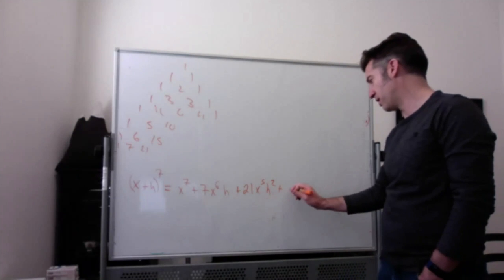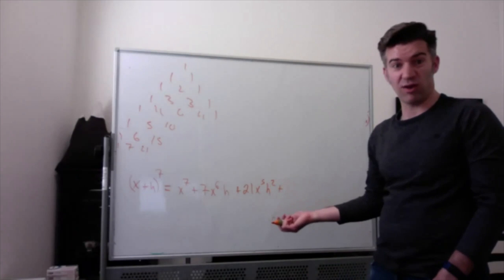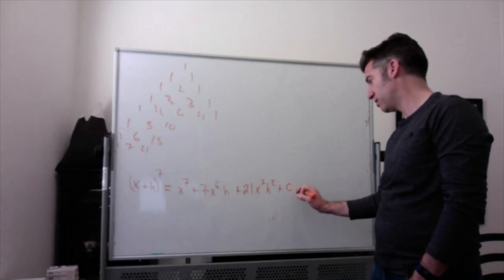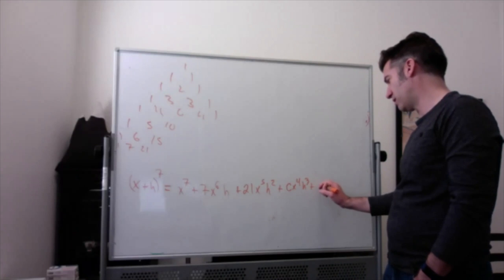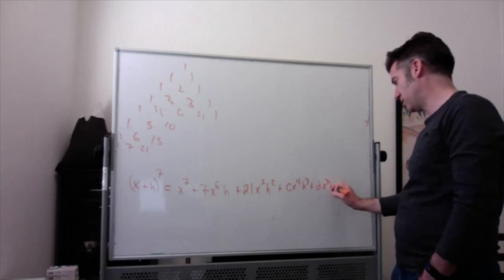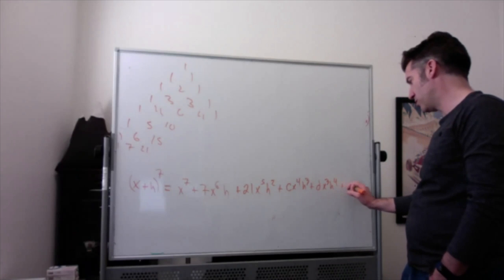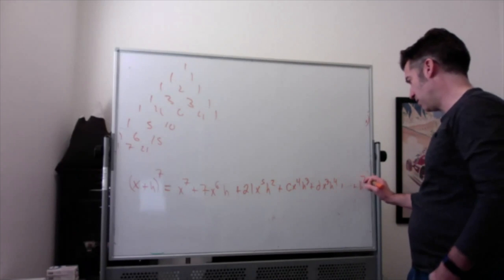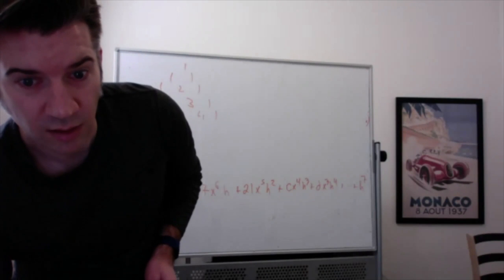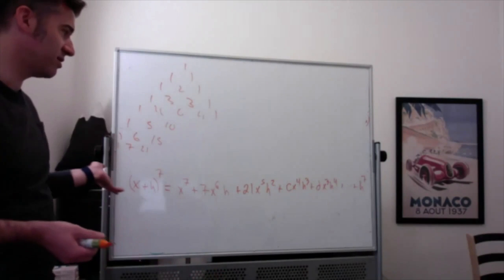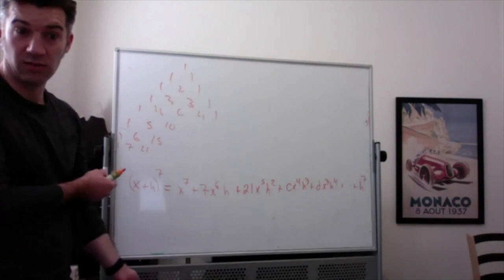There's some constant, I'm going to write c for a constant, times x to the 4th h cubed, plus some other constant times x to the 3rd h to the 4th, all the way to h to the 7th. It's not that we couldn't find those things, we just don't really need to.